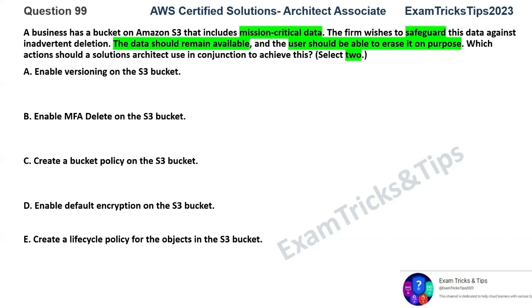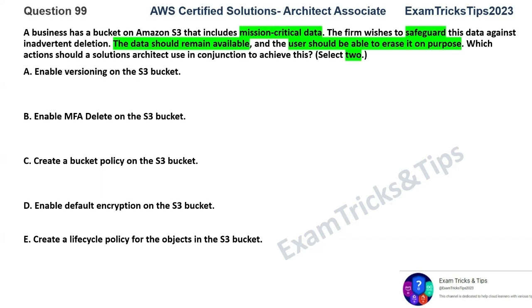And there is a very good feature in S3, which is called versioning. That versioning feature will ensure that when you delete something, another version of the object is created. If you accidentally deleted something, then you just have to go back to the version you want to recover.